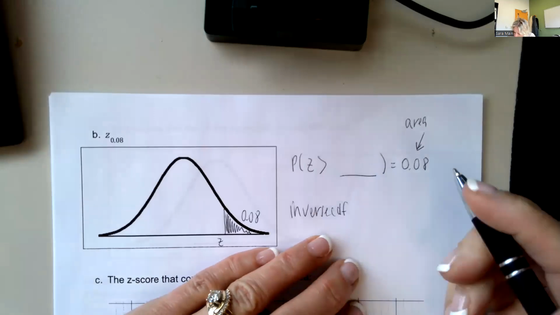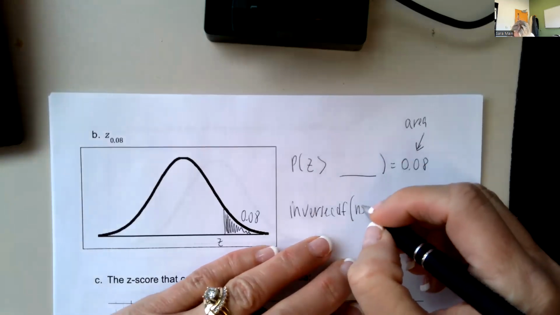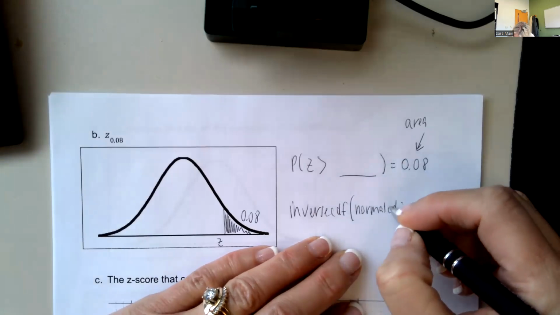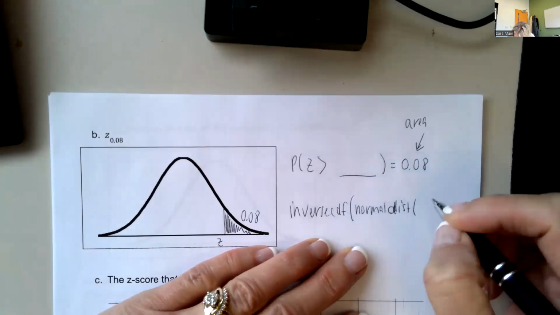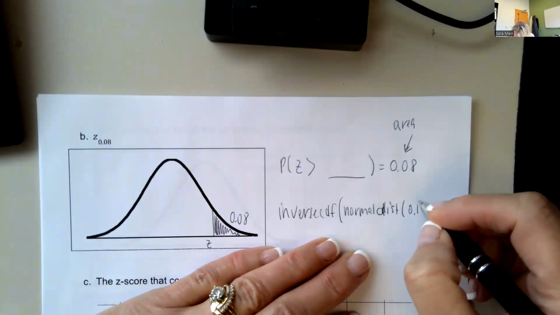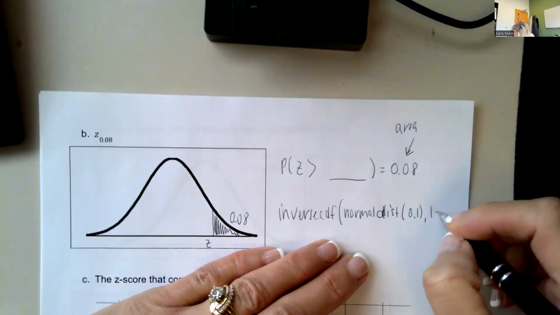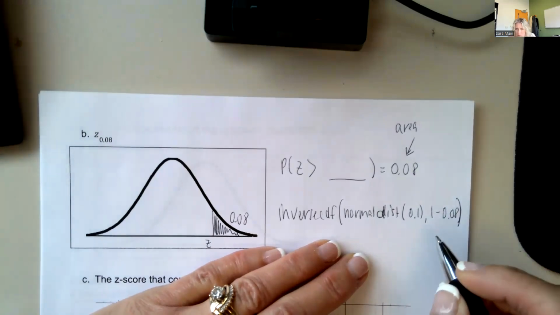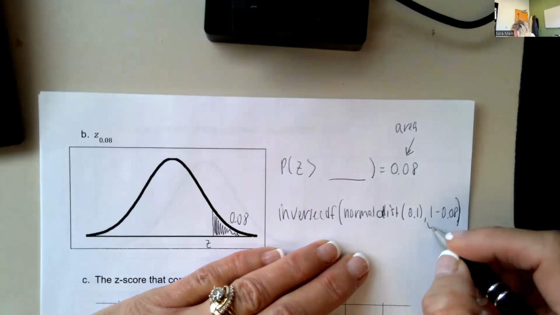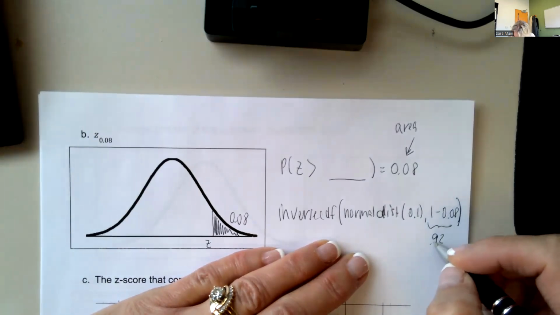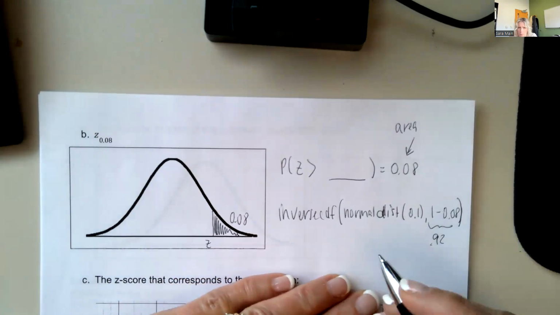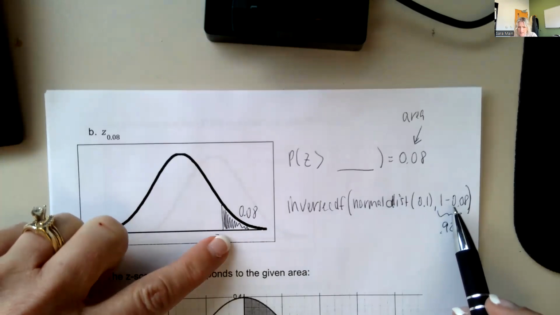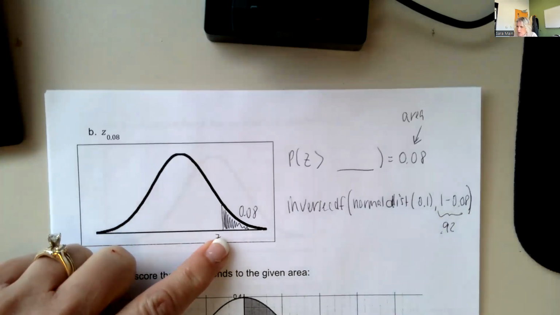Because we're doing area to the right, we're going to type the normal dist, and it's 0, 1, comma, 1 minus 0.08. Now, you could type in 0.92 if you want to go ahead and do the math. Or when it's the right-hand side, you could just type in 1 minus the area on the right, and it will know.